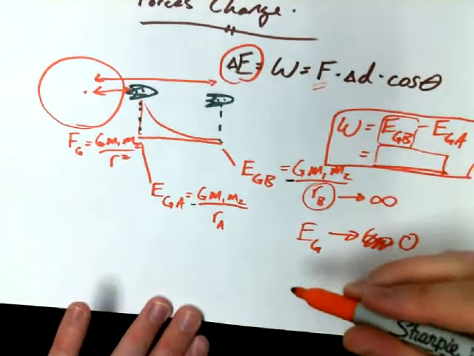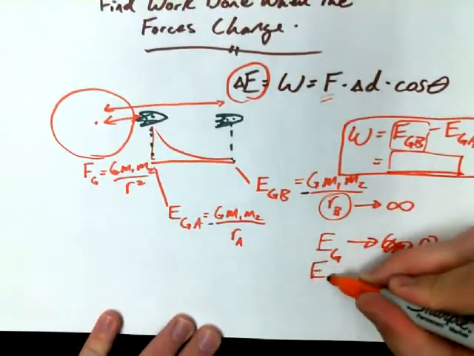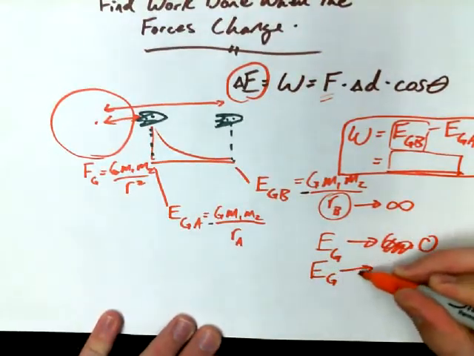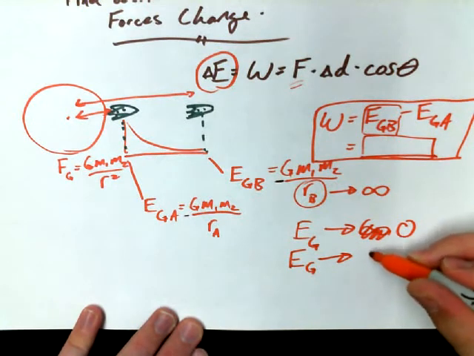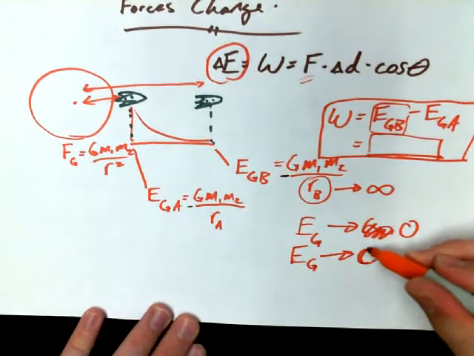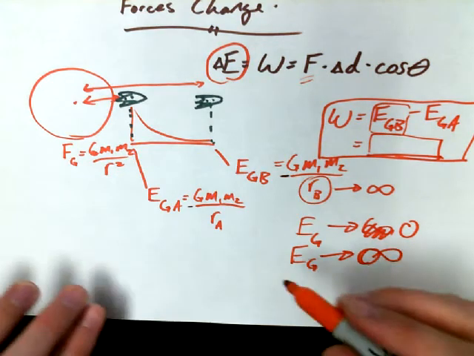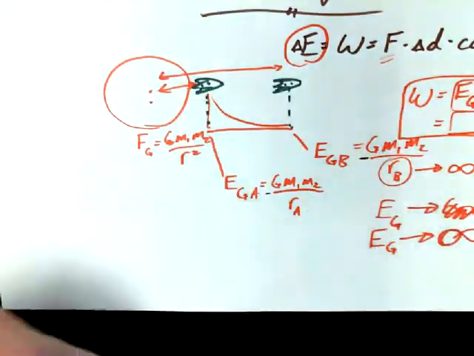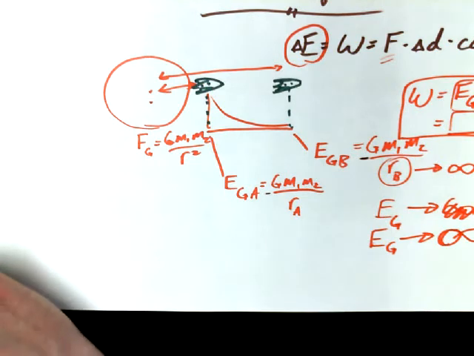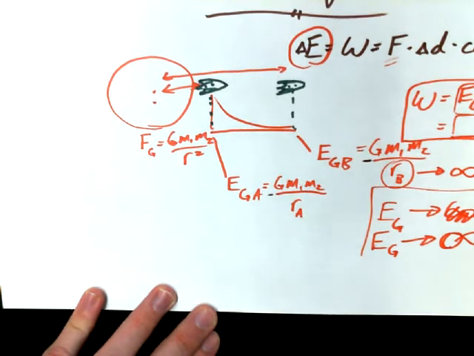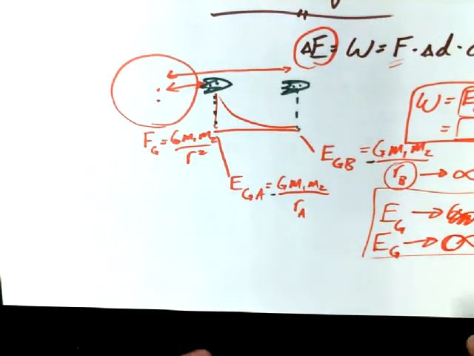And then conversely, when Eg approaches infinity, what's the r value got to be? 0, yeah. So if I ever can get to the center of my planet, you would say that I have infinite gravitational potential energy. Well, that can be a little bit confusing, but mathematically it works out. Not something we need to be too concerned about.